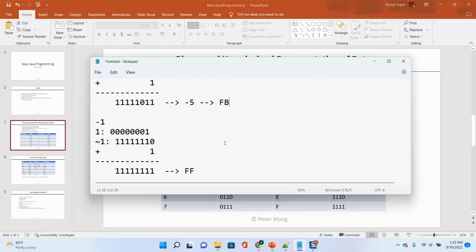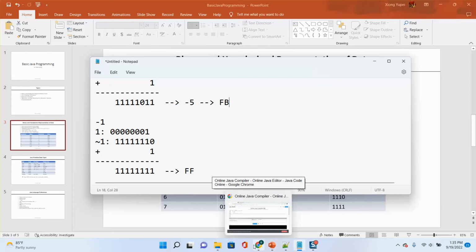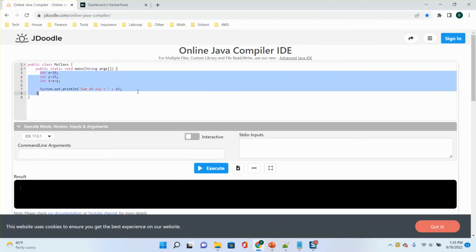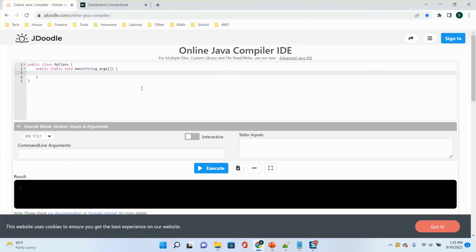So now I want to prove that in code. In this session, I mainly use the online compiler JDoodle. Now let's do it. Let's say I define an int. Now int actually has 4 bytes. I will talk about that later. But to explain the concept, I can use a byte or use int. Because of some Java language preference, I better use int.